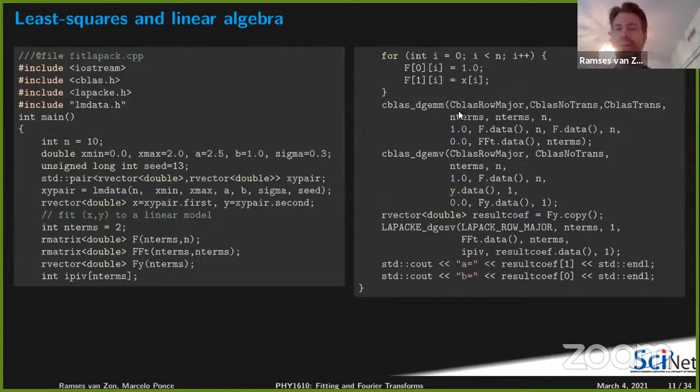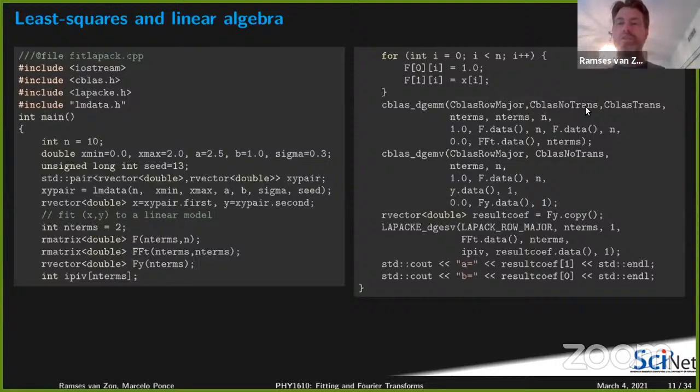What is nice about the dgemm is that you can specify that one of the matrices is actually supposed to be transposed.